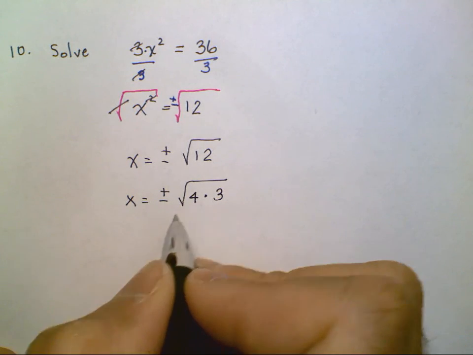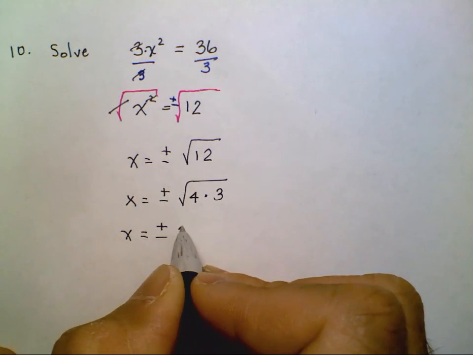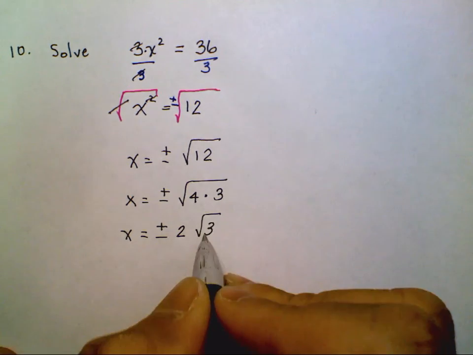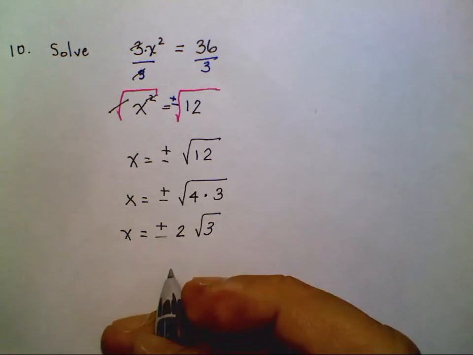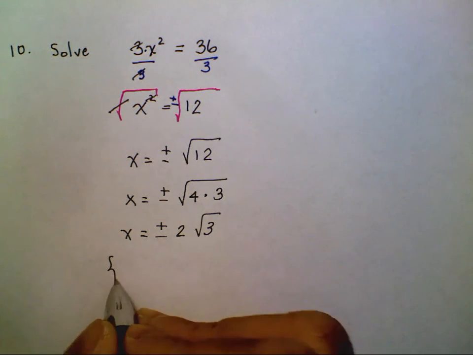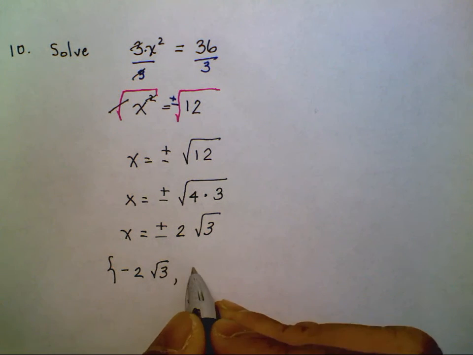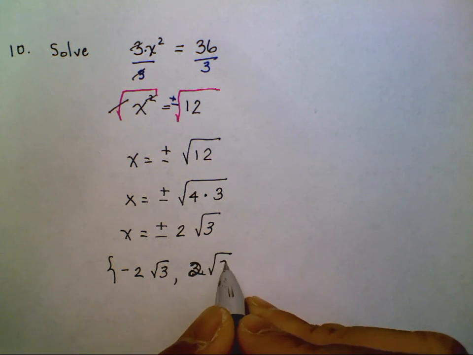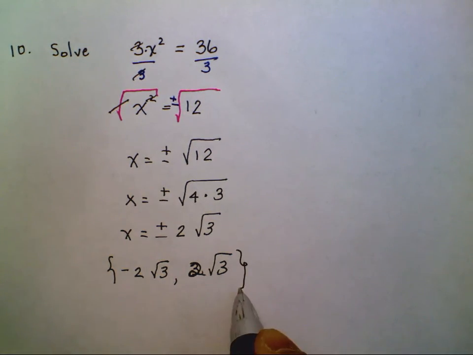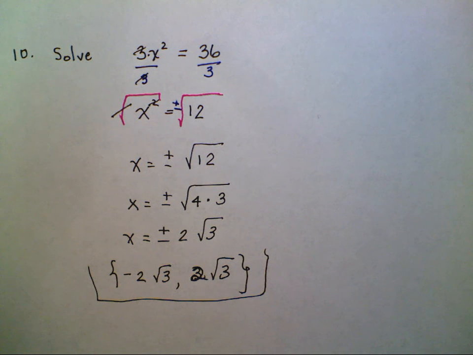So x is equal to plus minus the square root of 4, which is 2, square root of 3. And that's your solution. You have two real solutions. So we use the brackets. So I'm going to have negative 2 square root of 3 and 2 square root of 3. And that will be your solution for the equation of problem number 10.